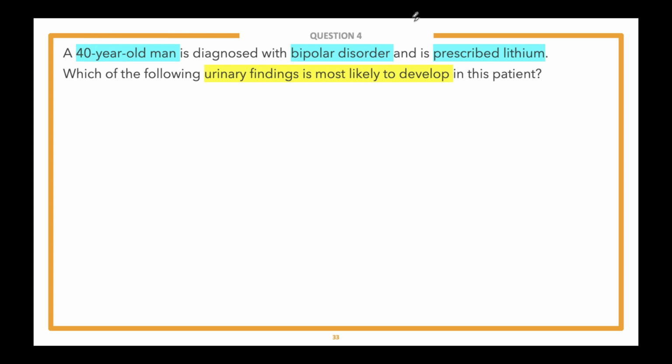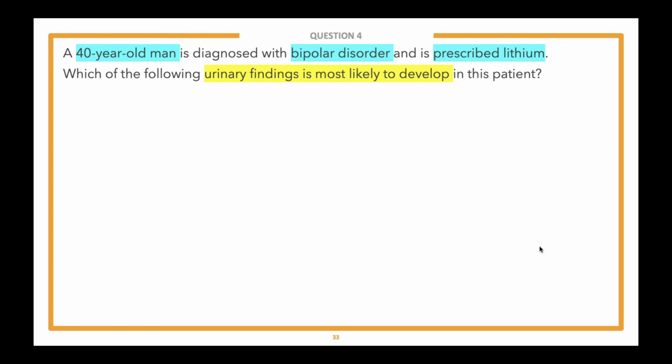Hopefully, us walking through these vignettes and lead-ins and telling you what we think are the important clues, you guys are starting to get a sense of what are important things to highlight and what are maybe not as important. So when you go back and reread the question, you have highlighted what's relevant. And then also figuring out exactly what is important in that lead-in, what are they trying to ask you, what are they getting at, so you can get that question right.